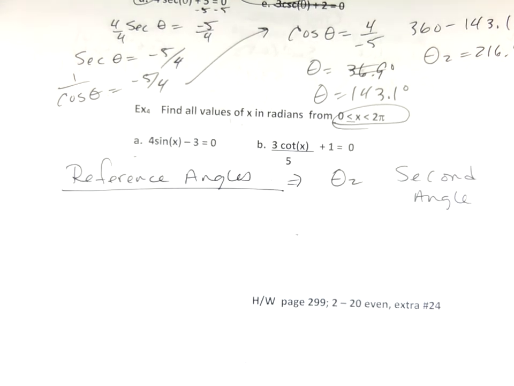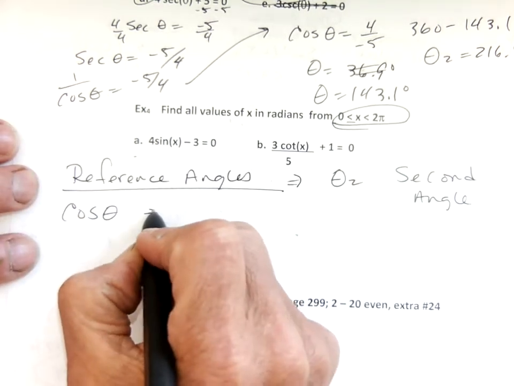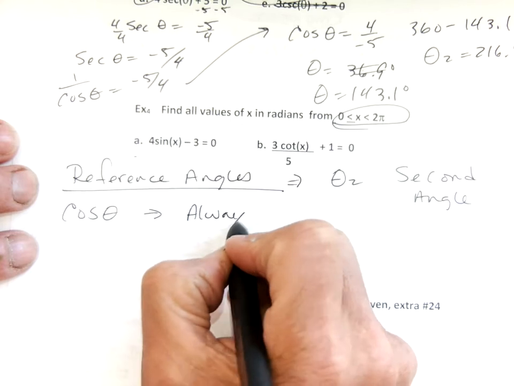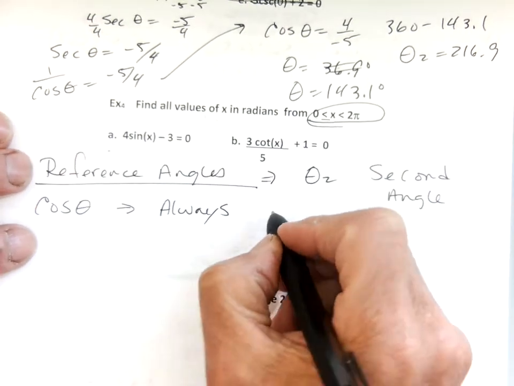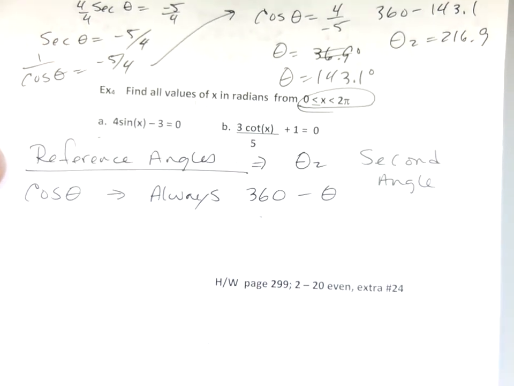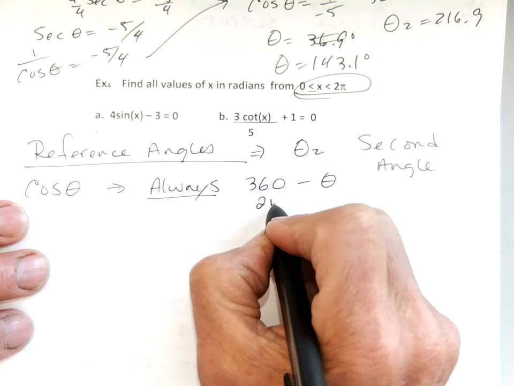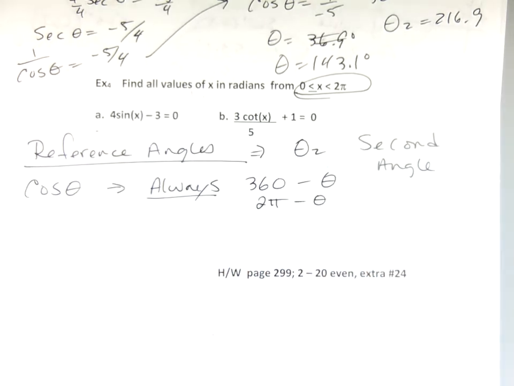Because sometimes I subtracted from 180, didn't I? Sometimes I added 180, right? Sometimes I subtract from 360, right? Well, with cosine, you're going to always subtract from 360 minus your angle to get your reference angle. Always, okay? Or 2 pi minus your angle to get your second angle, okay?